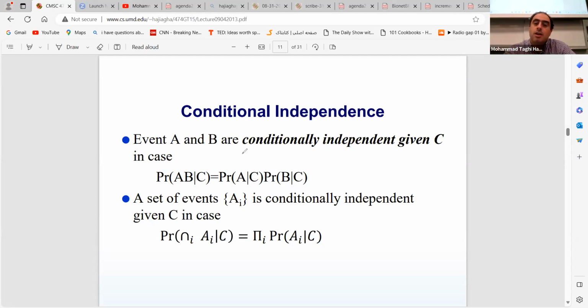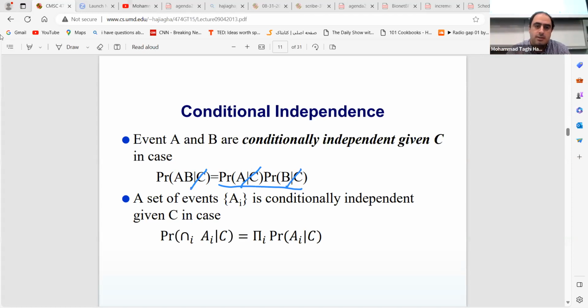Events A and B are conditionally independent; you can have a combination of independence, intersection, and conditioning, so we can use all of them. We say that A and B conditioned on C are independent if the probability of AB conditioned on C is equal to this one. Everything is conditioned on C. You can also define it for a larger set of events. You will say that these are conditionally independent given C if everything that you would have written without C, you now write conditioned on C.